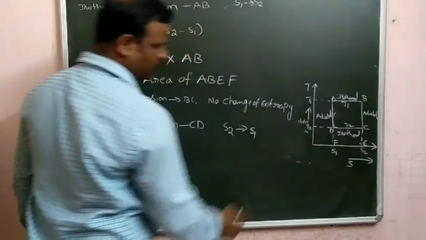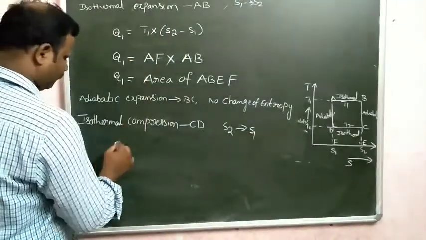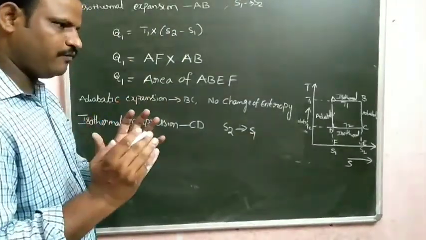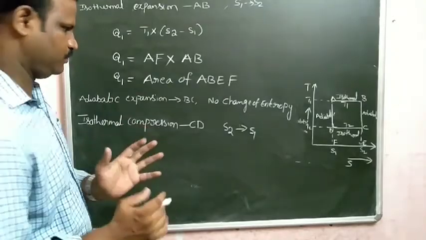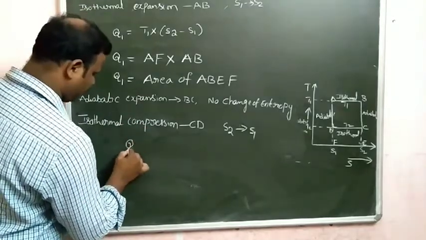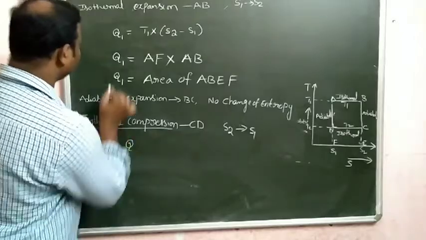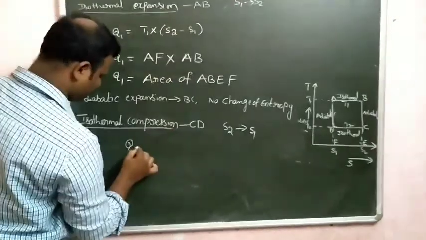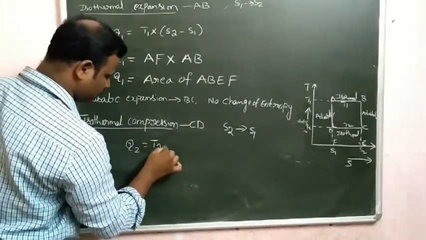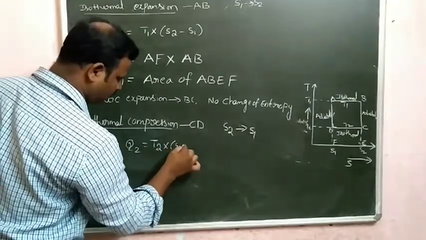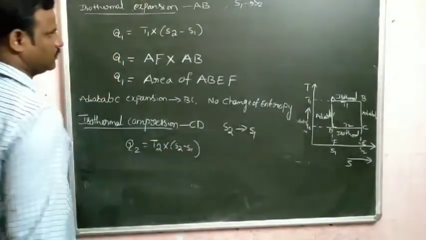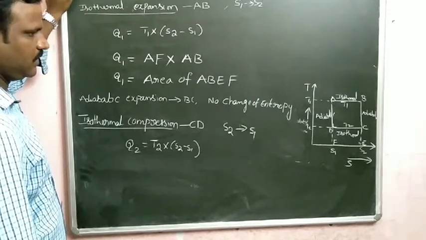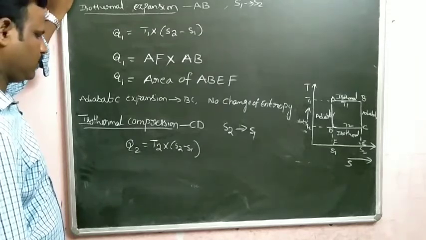Therefore the amount of heat Q2 equal to T2 into S2 minus S1.